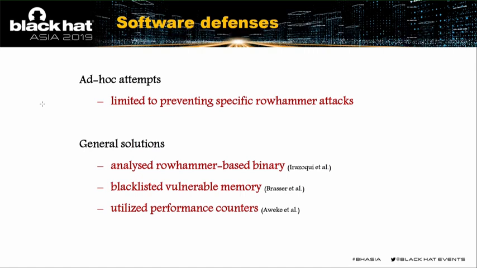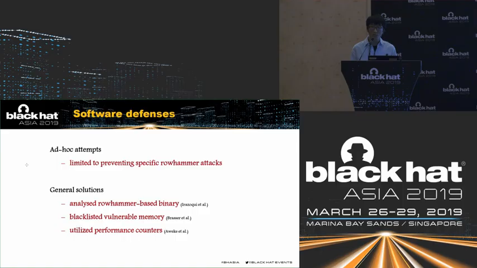The second one is to perform a complete rowhammer test and then blacklist all the vulnerable rows. On one hand, this solution can eliminate the rowhammer bug. On the other hand, this solution will render more than 95% of the system memory unusable. So it is also not practical. The last one is to utilize the performance counter.